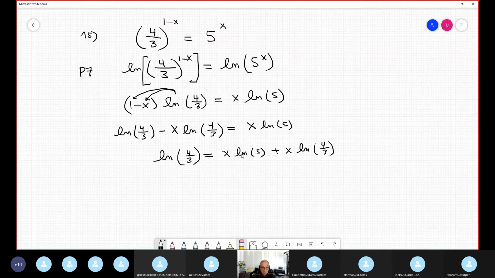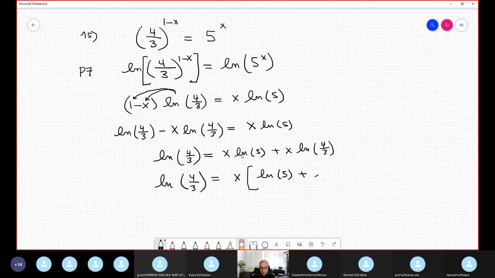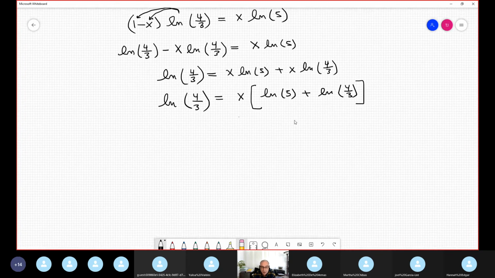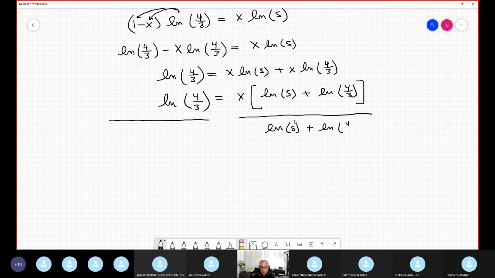So now we are ready for factorization. No condensing so far. Factorization is x times ln of 5 plus ln of 4/3. Now you divide both sides by this, because my intention is to isolate x.